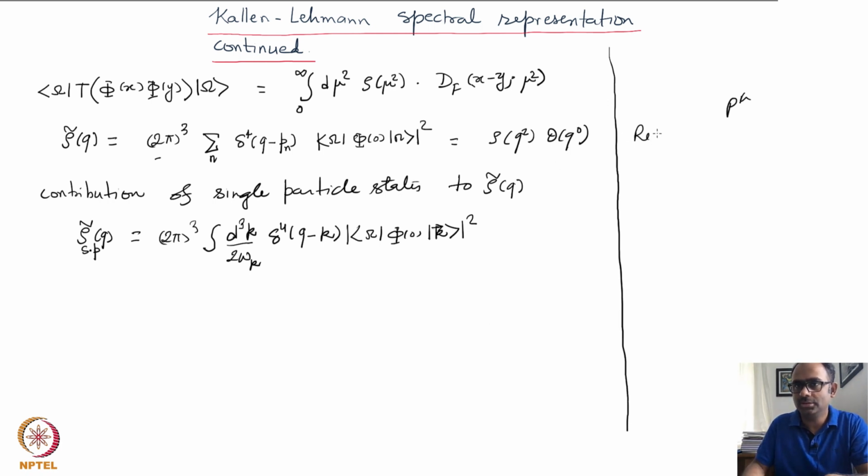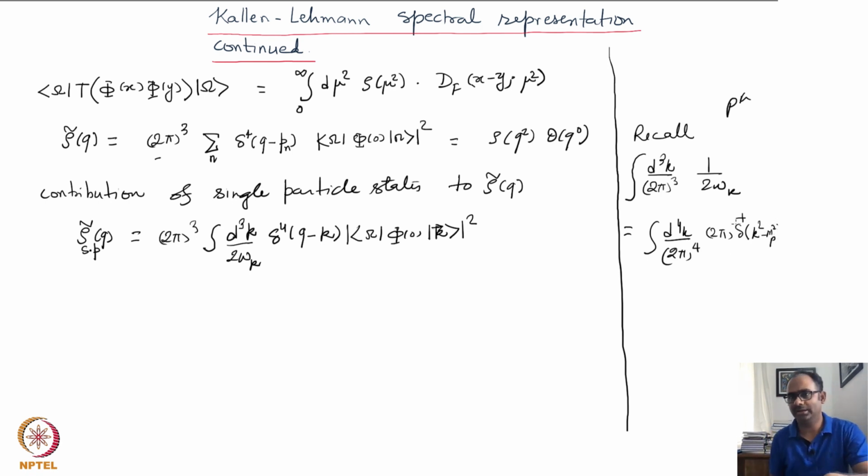Recall that we had shown, in the previous course, the first course, that d cube k over 2 pi cube 1 over 2 omega k is the same as d4k over 2 pi to the 4 times 2 pi delta plus of k square minus m physical square.